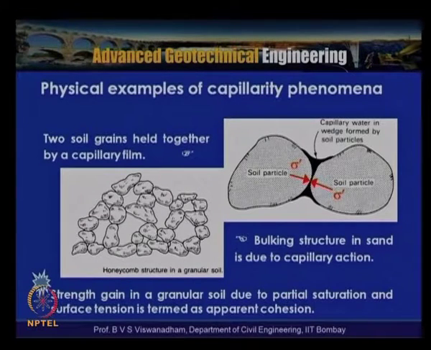Because of that, silty soils can stand vertical to some extent if they have prevalent carbonate deposits. In that case, that soil is said to exhibit true cohesion. But if a granular soil is partially saturated and, because of surface tension, exhibits this behavior, it is termed apparent cohesion.